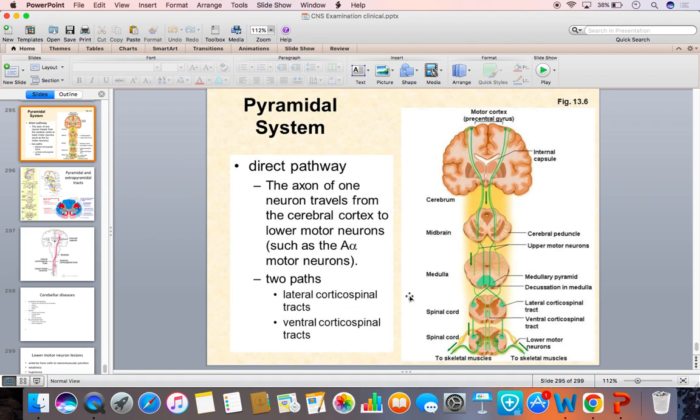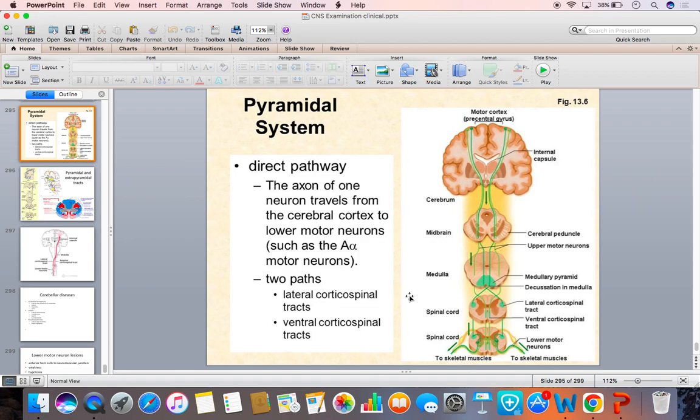look into this picture. This is the pure pyramidal pathway. Going into the pyramids in the medulla, down below here, then decussating most of the fibers, and a few fibers running directly to form the ventral corticospinal tract.